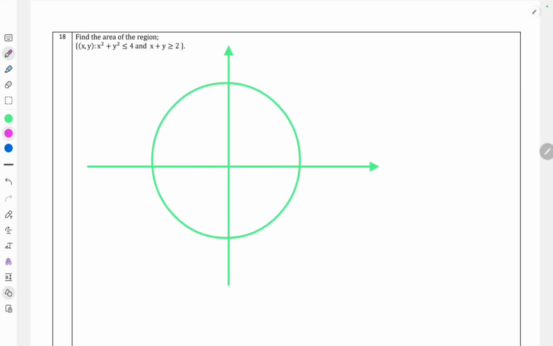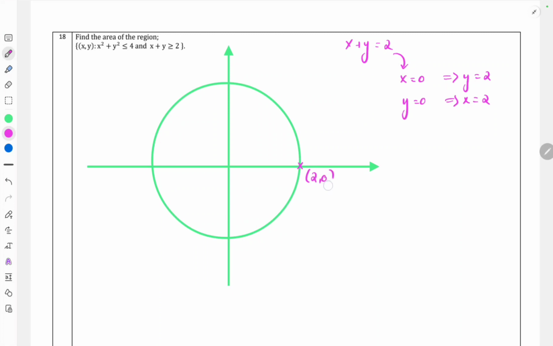And I will take this also in equation form. So x plus y equal to 2, I will take like this. If x plus y equal to 2, then y will be equal to 2 minus x. So to draw a line we need at least 2 points, which means I can take x equal to 0. If I take x equal to 0, y will be equal to 2. If I take y equal to 0, then x will be equal to 2. So we have 2 points on this line, which is 2 comma 0.